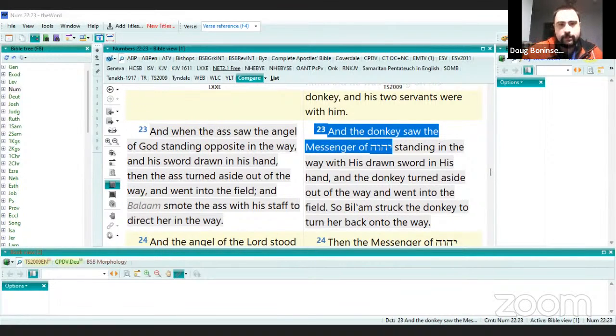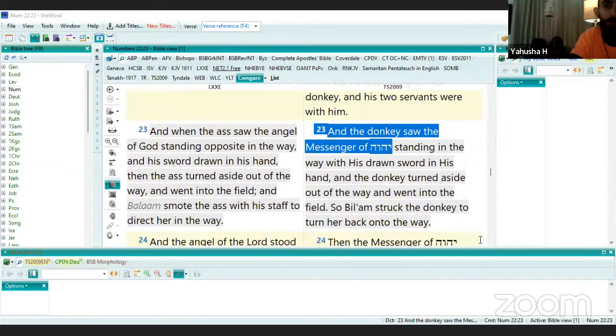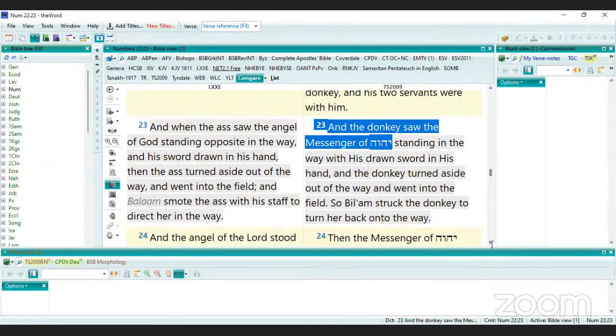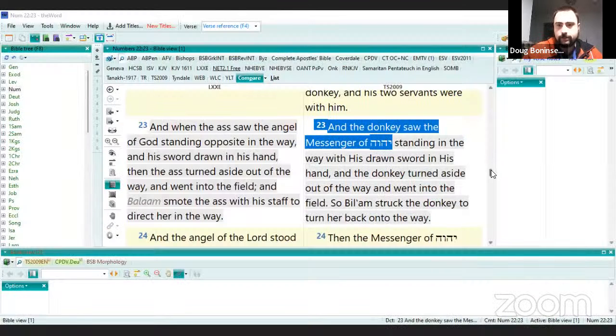So it says in chapter 23 verse 6, the Masoretic text lacks, and the spirit of Elohim came upon him. Now this is a big difference here. Let me change screens real quick. Numbers 23, verse 6.